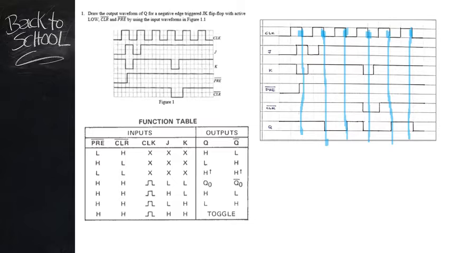And then until the clock is negative, at the negative edge trigger, the preset is high and the clear is high. So when both are high, look at the input J and K. The input J is high, the K is low. So the output will be high.